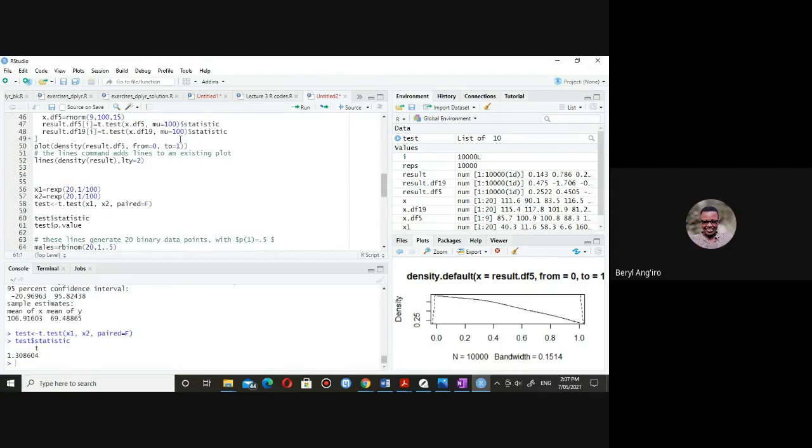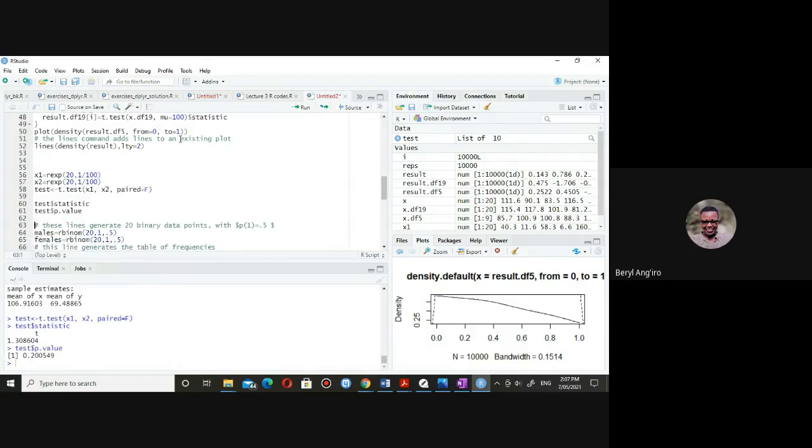The test statistic is 1.3086. The p-value is 0.2, which is not significant. And we can also extract the statistic. So here we are not rejecting the null hypothesis.